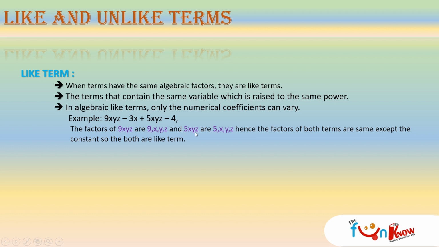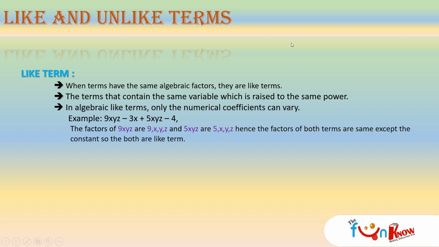Second term 5xyz, that is 5 times x, y, z. Hence, both the terms have the same variables. That's why both terms 9xyz and 5xyz are like terms.